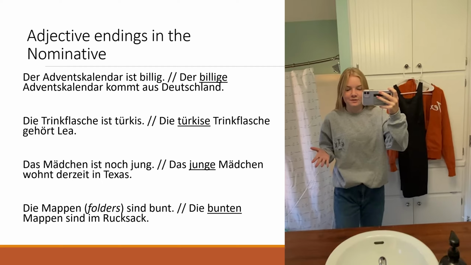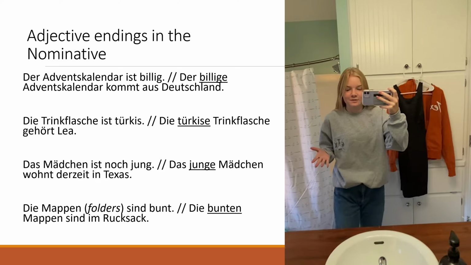Der billige Adventskalender kommt aus Deutschland. And we do the same thing with all of these sentences, right? Die Trinkflasche ist türkis. Die türkise Trinkflasche gehört Lea. Das Mädchen ist noch jung. So jung is our adjective after the verb, right? And the attributed version. Das junge Mädchen wohnt derzeit in Texas. The young girl lives at this time in Texas.